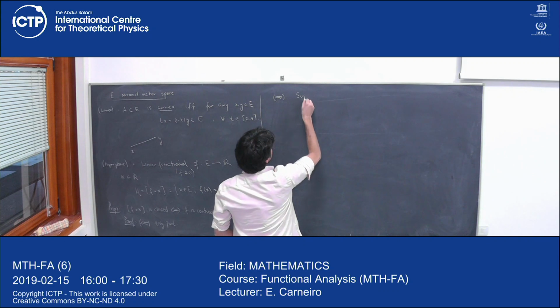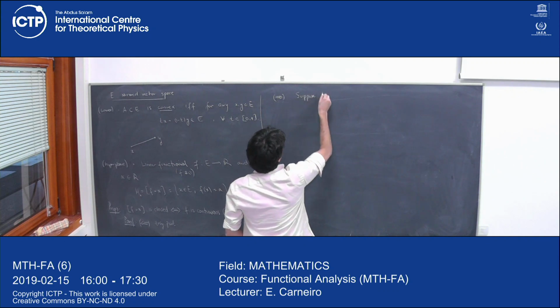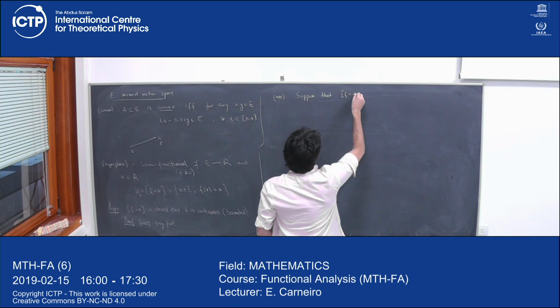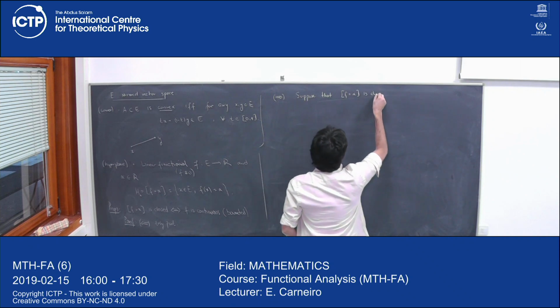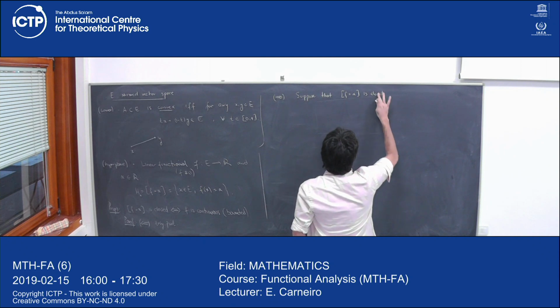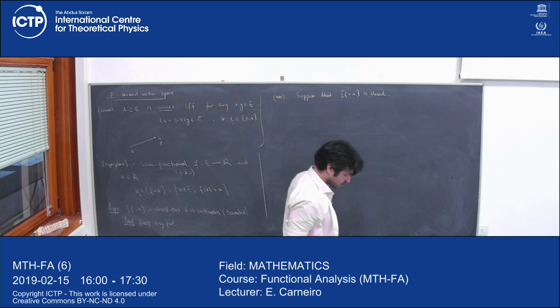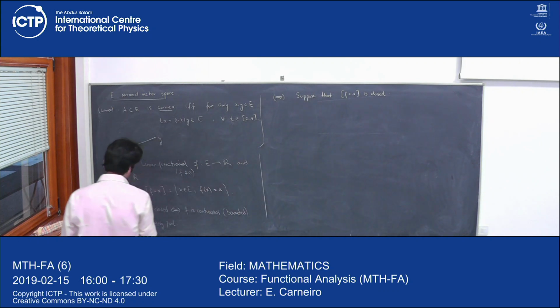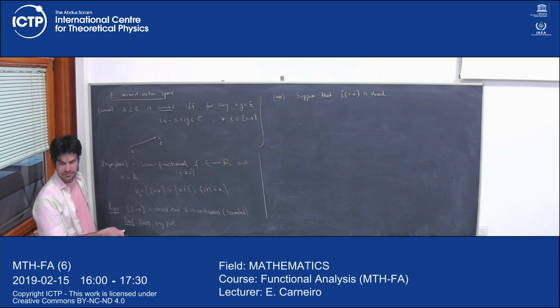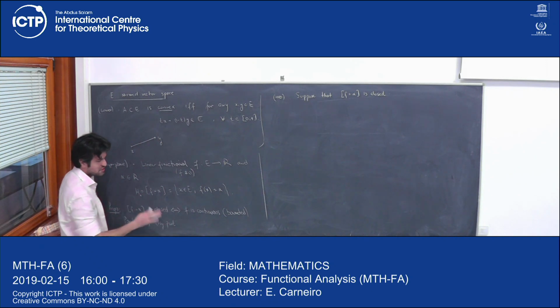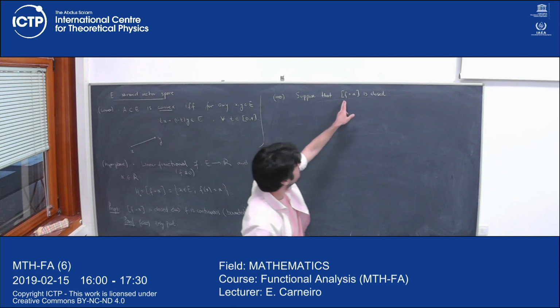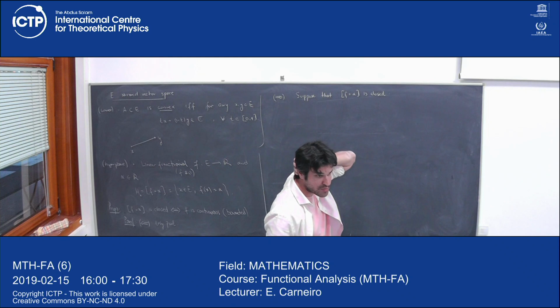Now suppose that the hyperplane H, the set where f equals alpha, is closed. My mapping here is not 0. But even if the map was 0, it would be continuous. That would be okay. Let's assume that my map here is not 0. So there is a point which is not in this hyperplane, right?